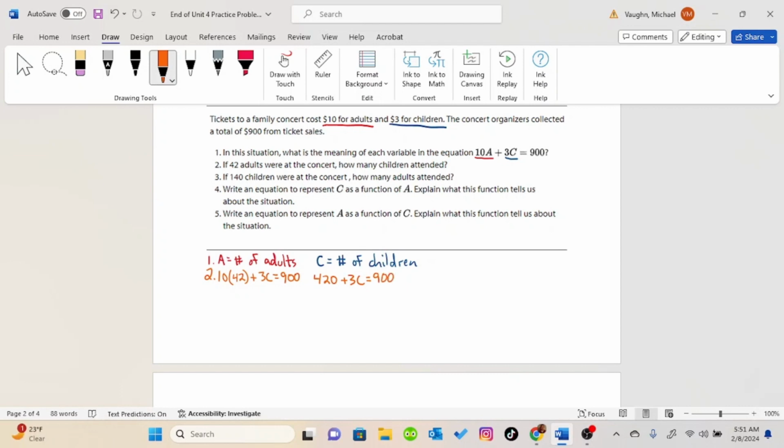Now we subtract 420 from each side and we get 3c equals 480. And lastly, we divide both sides by 3 and we get c equals 160 children.